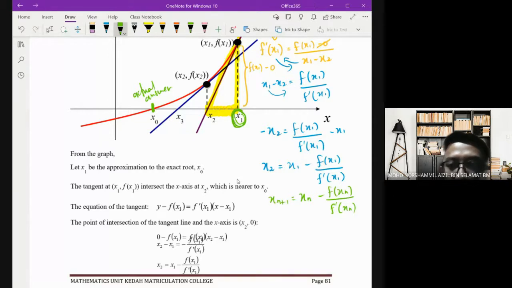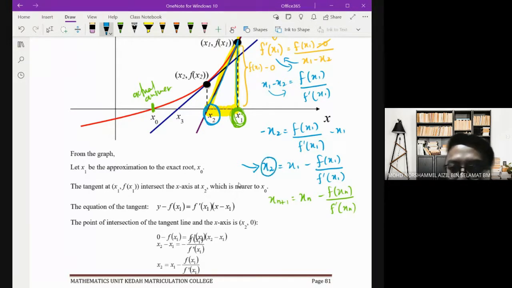Kebetulan kita tak tahu pun jawapan, tapi kita sebenarnya duduk dekat x1. Apa yang akan jadi? Bila kita buat formula ni, dia akan pergi dekat titik ni, dia akan turun dekat sini. So now, we get x2.